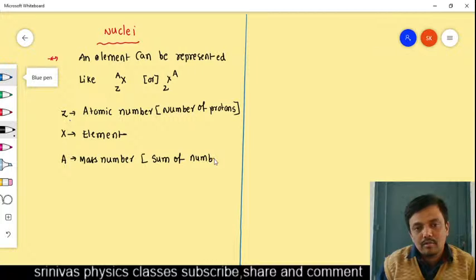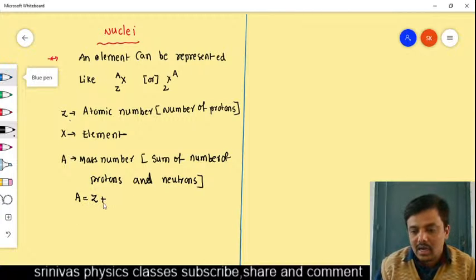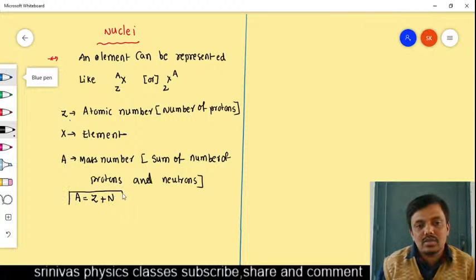We can write A is equal to the sum of Z, the atomic number, which is the number of protons, and n, the number of neutrons. We can write A is equal to Z plus n.